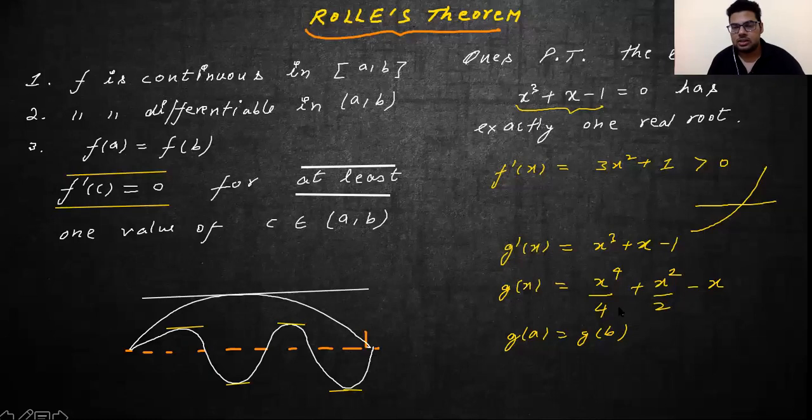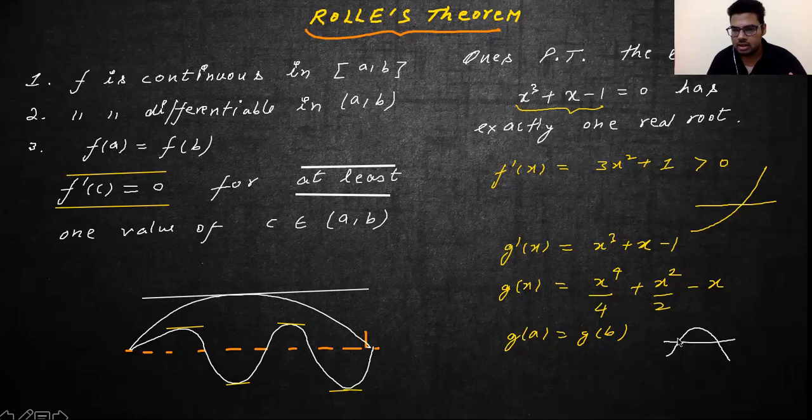This is g of x and this is g dash x. g dash x is not always positive or always negative. So it means that g of x will increase or decrease for some values. Let us try to draw just a rough diagram. Let us say it is increasing, then decreasing, right? Because it is not always positive or always negative.